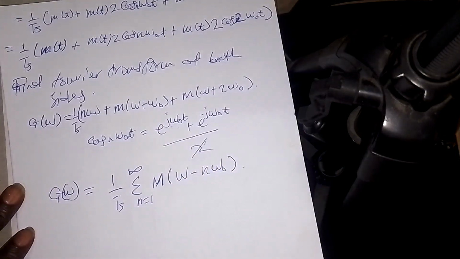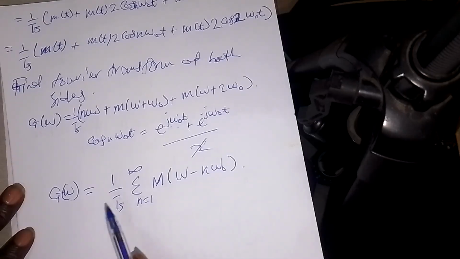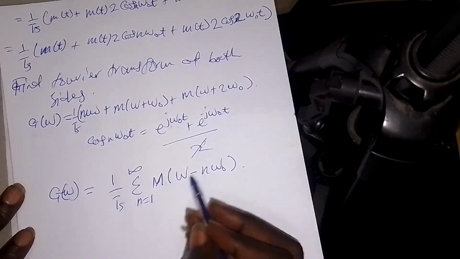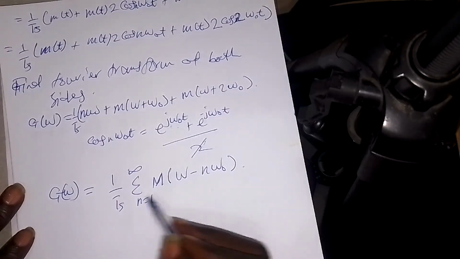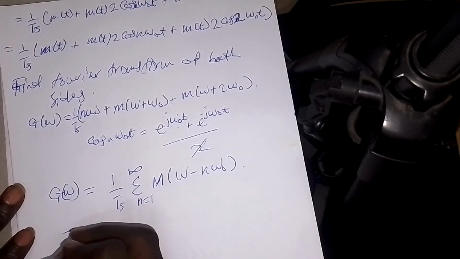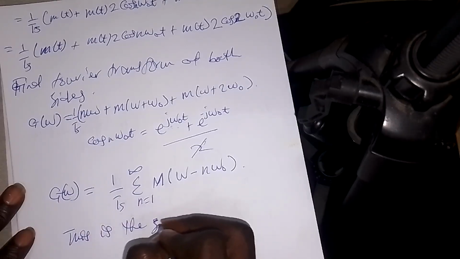In case it's a long expansion and I want to do a summation for all of them, then it's going to be like this. So this is going to be the spectrum of my sampled signal.